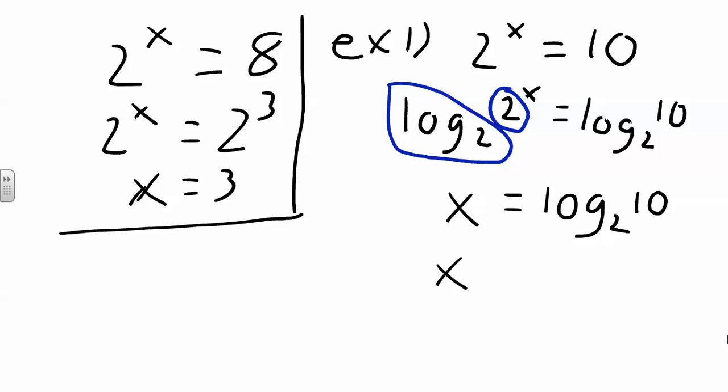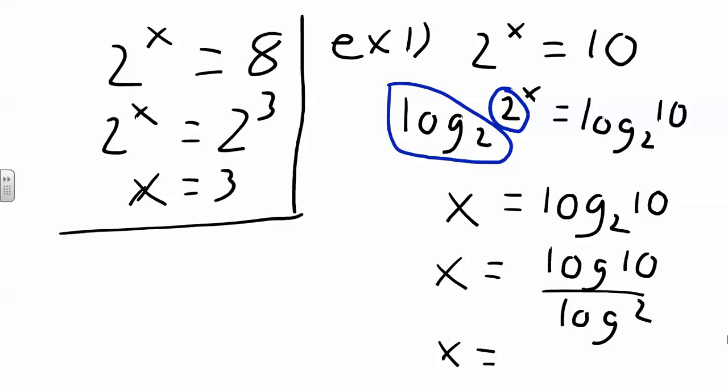Now, how do I get this answer? Well, I apply that change of base property that we learned. That is the log of 10 divided by the log of 2. And just punch it right into my calculator and get my decimal approximation. So that's going to be log 10. Make sure you close that parenthesis after the 10.